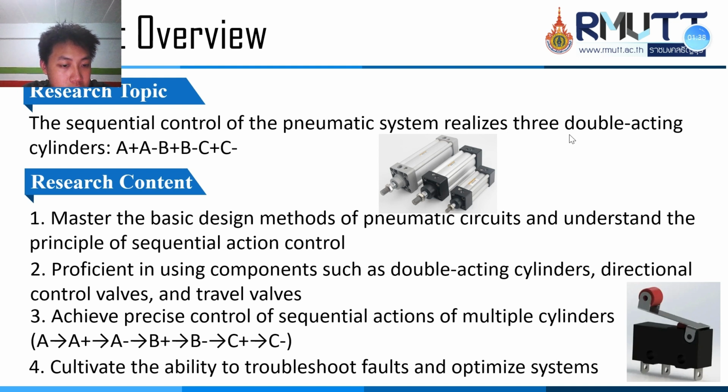The third part is to achieve precise control of sequential actions of multiple cylinders: A plus to A minus to B plus to B minus to C plus and to C minus. The fourth part is to cultivate the ability to troubleshoot faults and optimize systems.